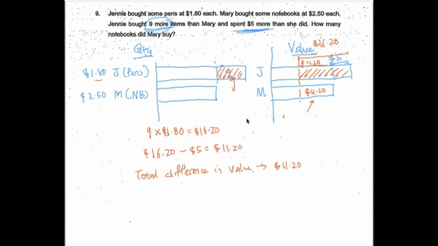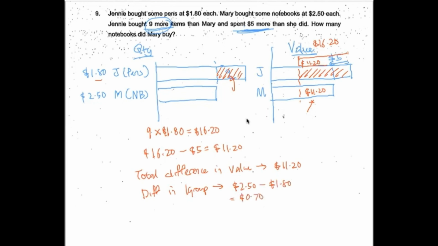This is made up of equal numbers. This $11.20 is the total difference between an equal number of pens and notebooks. The difference between 1 pen and 1 notebook, I call it the difference in one group, is 250 minus 180. And that will give you 70 cents.